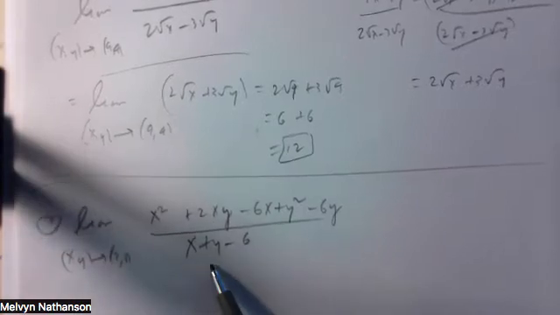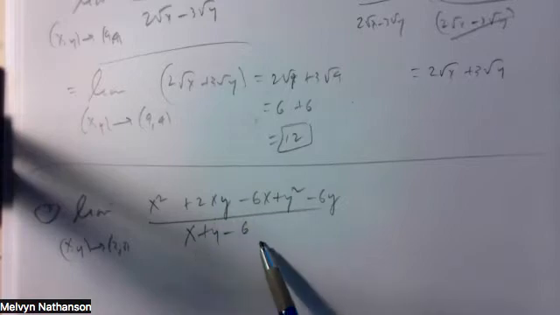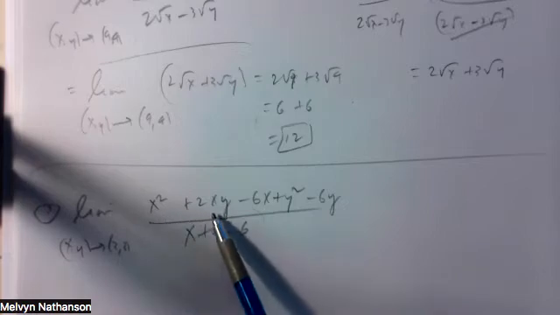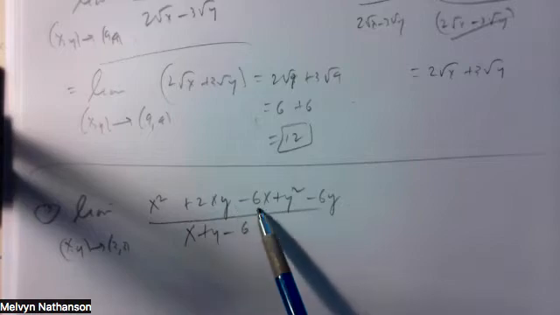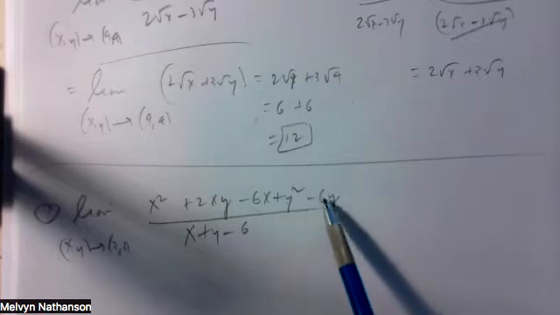So as x and y both approach 3, x plus y approaches 6, so the denominator goes to 0. The numerator goes to 9 plus 18, which is 27, minus 18, which is 9, plus 9, which is 18, minus 18.